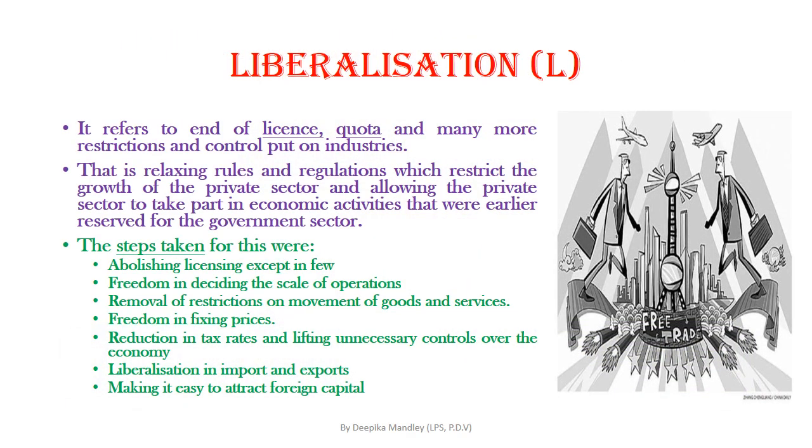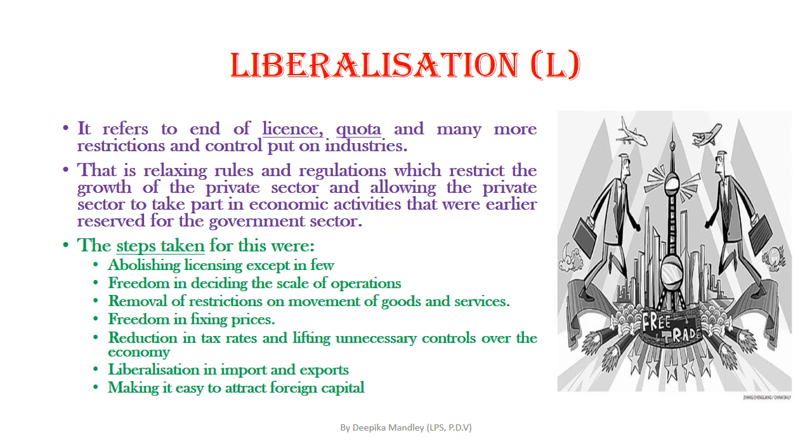First element is liberalization. Now, this liberalization refers to the end of license, quota, and many more restrictions and controls which were put on industries before 1991. That is relaxing rules and regulations which restrict the growth of the private sector and allowing the private sector to take part in economic activities that were earlier reserved for the government sector only.